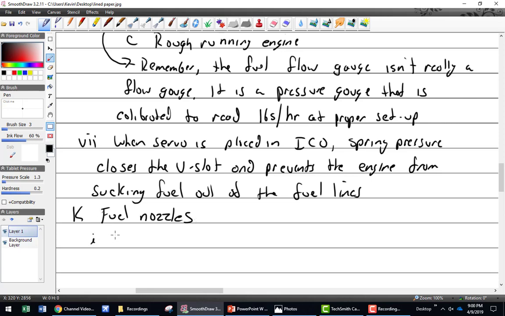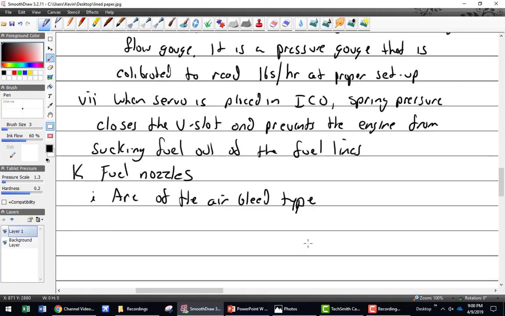They are of the air bleed type. Both Continental and Lycoming, same thing. They're not interchangeable. They're a little different, but their function is exactly the same.